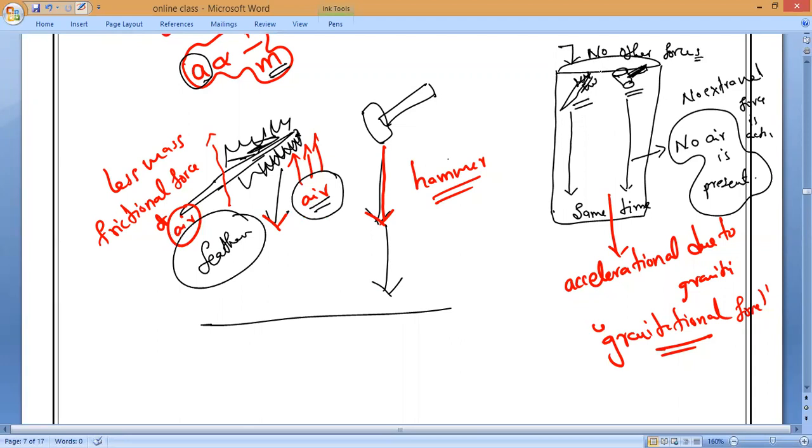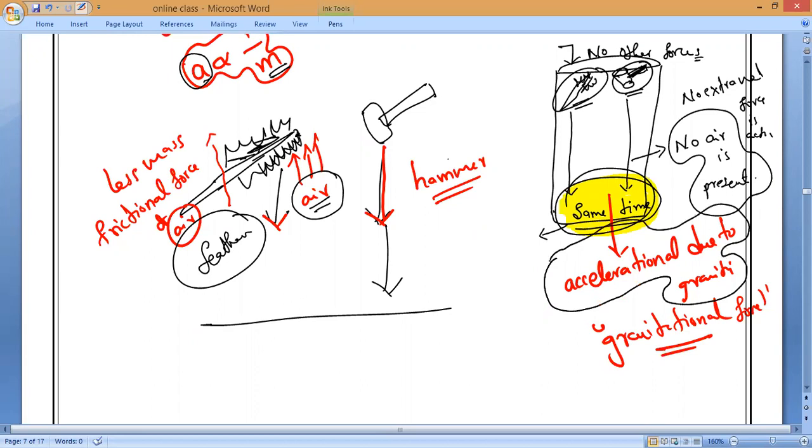Both the feather and the hammer reach the ground at what time? At the same time. Understand, in this case only one force is acting. What is that force? Acceleration due to gravity.